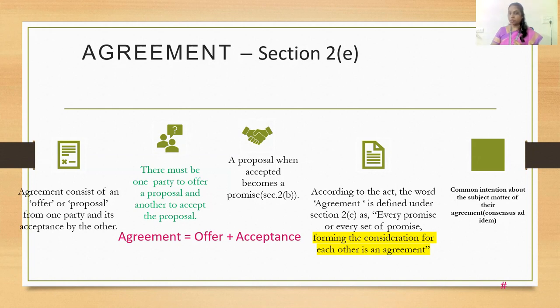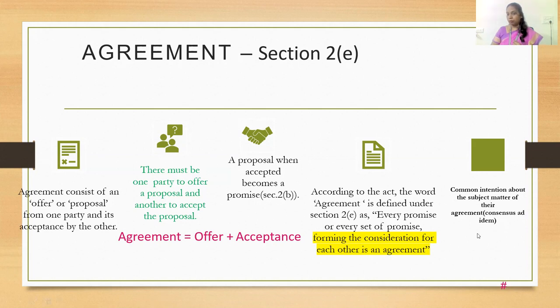So, agreement has two terms, one is offer and the other one is acceptance. When a proposal is accepted, it becomes a promise. And every promise leads to consideration to the other. So, each one has an obligation which they need to follow in the contract.